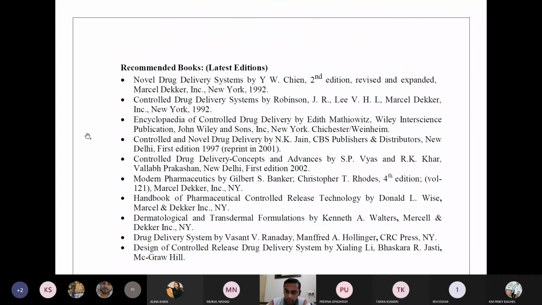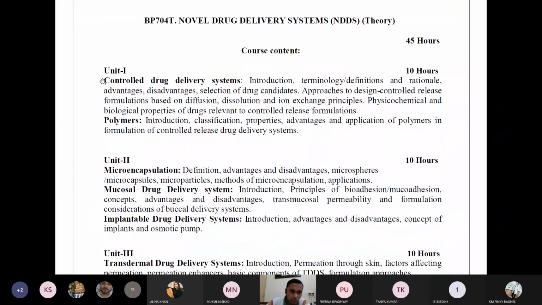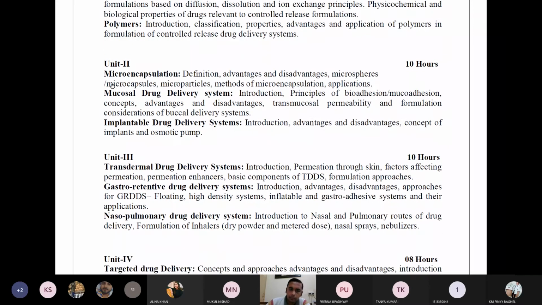So these 5 units we are going to see. Unit 1, controlled release we shall see. Then to make controlled release or controlled drug delivery systems, you need polymer. We shall see how polymers are classified, their properties, advantages, disadvantages, everything. Unit 2, microencapsulation.